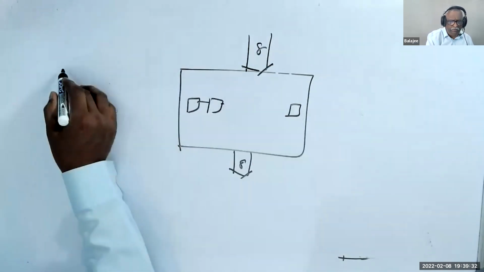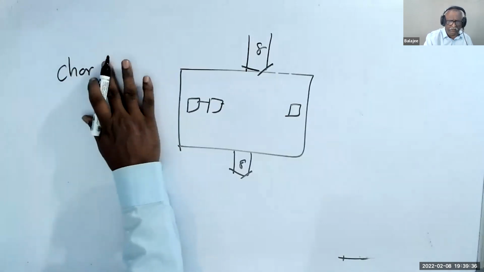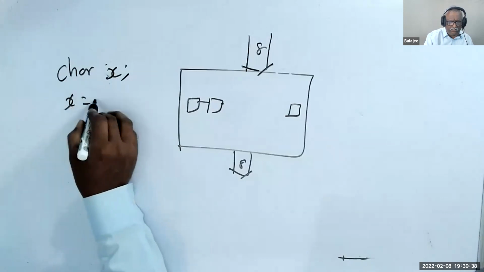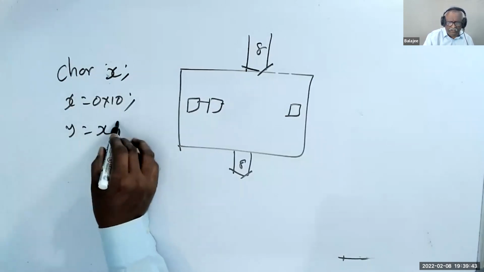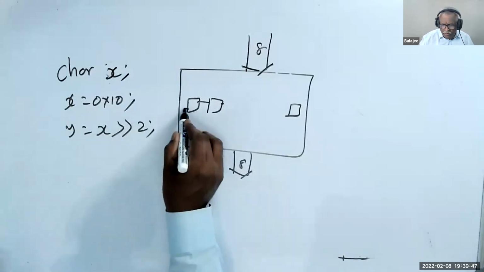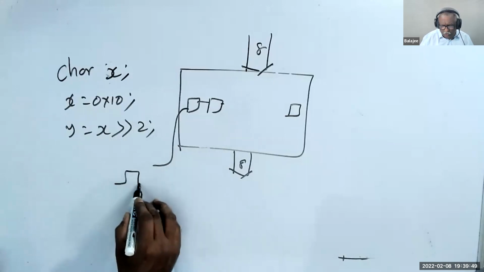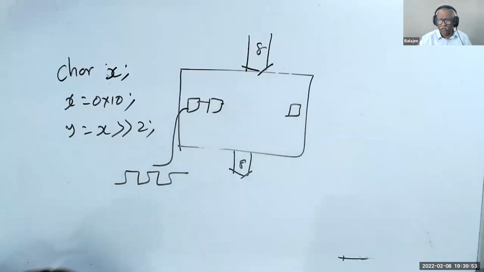So if I write a program, char *X, X is equal to 0x10, Y is equal to X right shift by 2 times, then two pulses will come into the control input. It will shift by 2, so the data will be shifted twice.